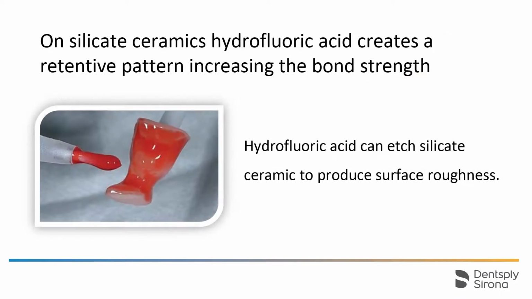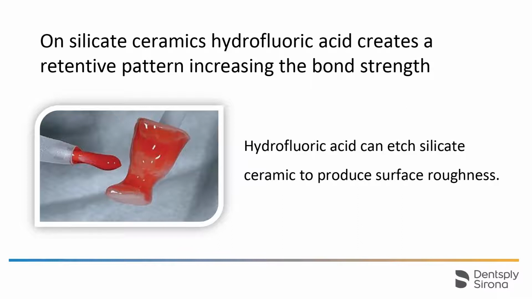The surface of silicate ceramic restorations is conditioned using hydrofluoric acid before fitting to maximize the bond of the resin cement to the ceramic. Firstly, hydrofluoric acid is applied to the inner surface of the restoration in a concentration according to the manufacturer's specifications, and rinsed off using water after a few seconds reaction time.